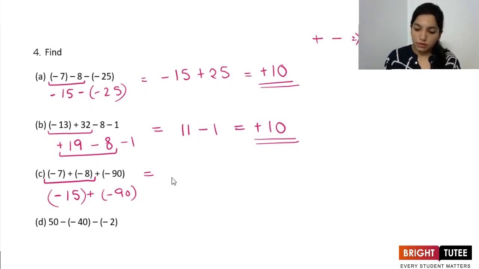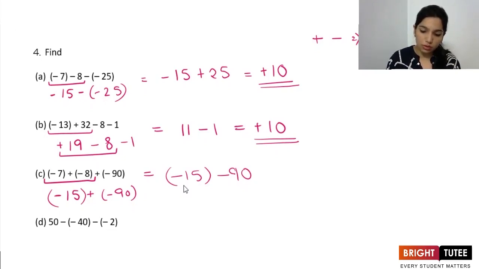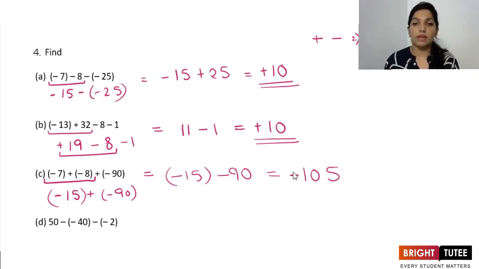So we can write this as minus 15 minus 90. It means that we are going to add them too, because both the integers are negative, so the sum comes out to be 105 with a negative sign.